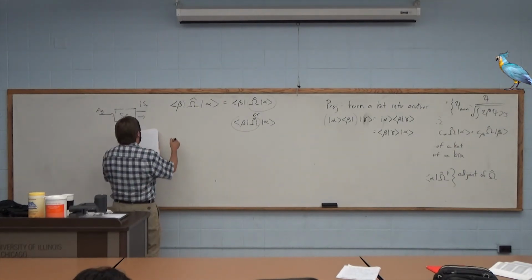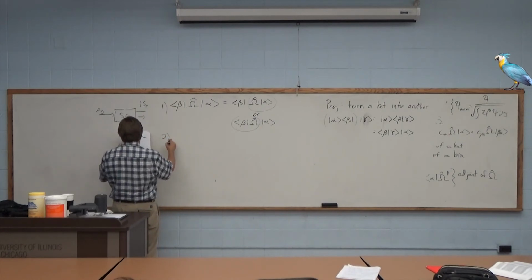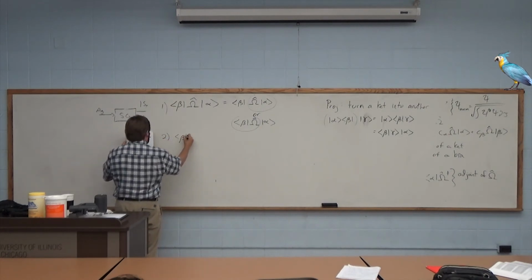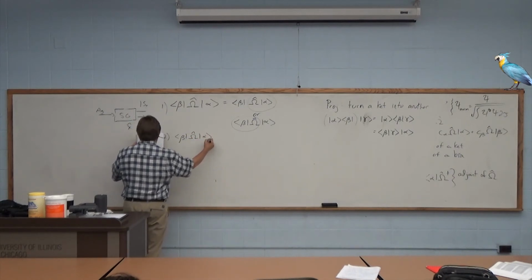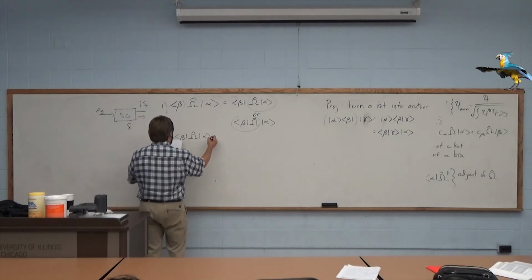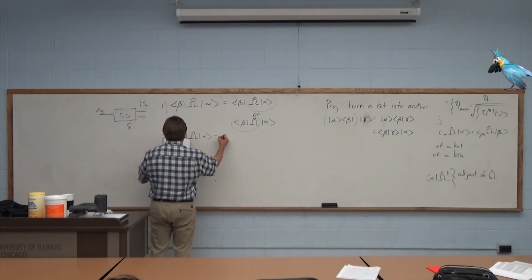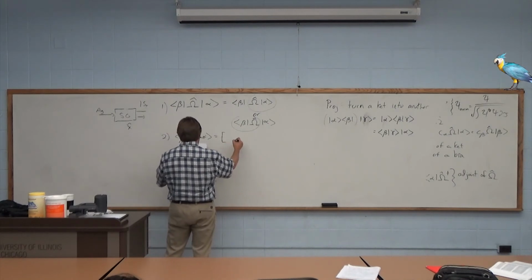Okay, one more property. These are important, so that's why I'm putting bullet points here. This stuff's important. You're going to need this in a proof.